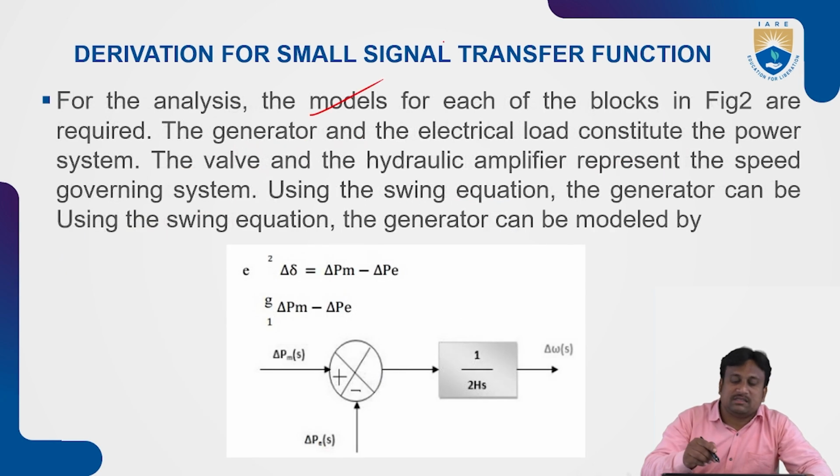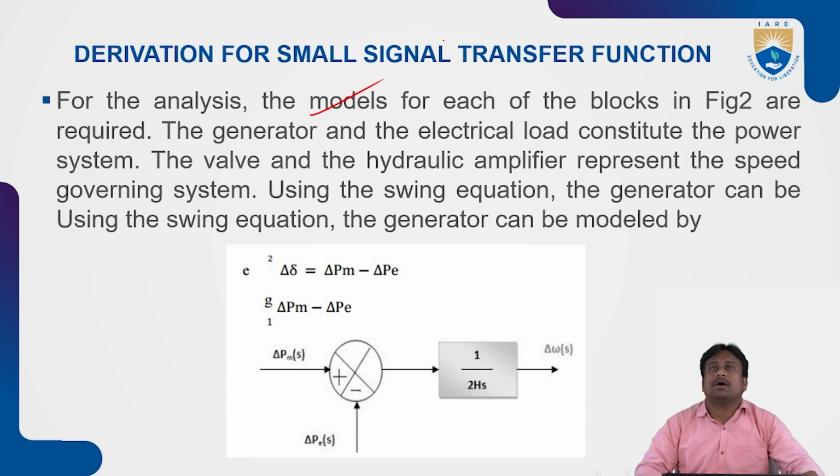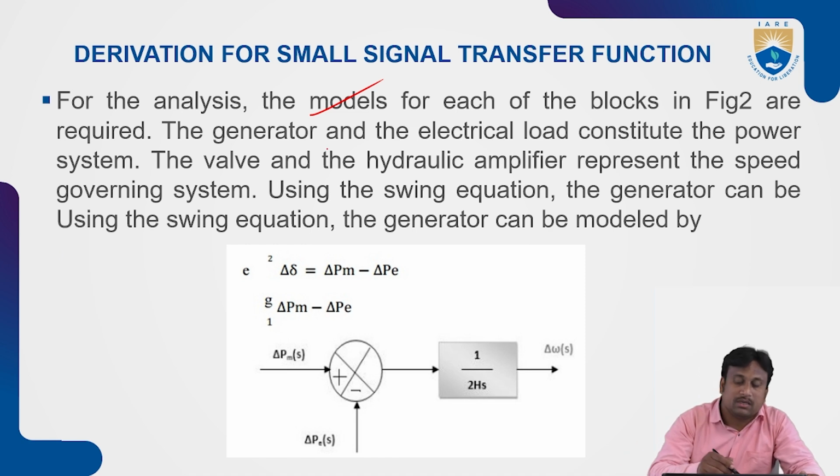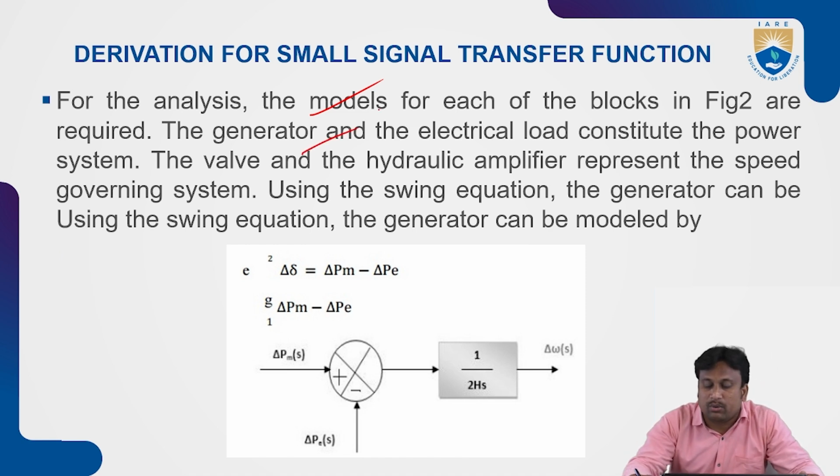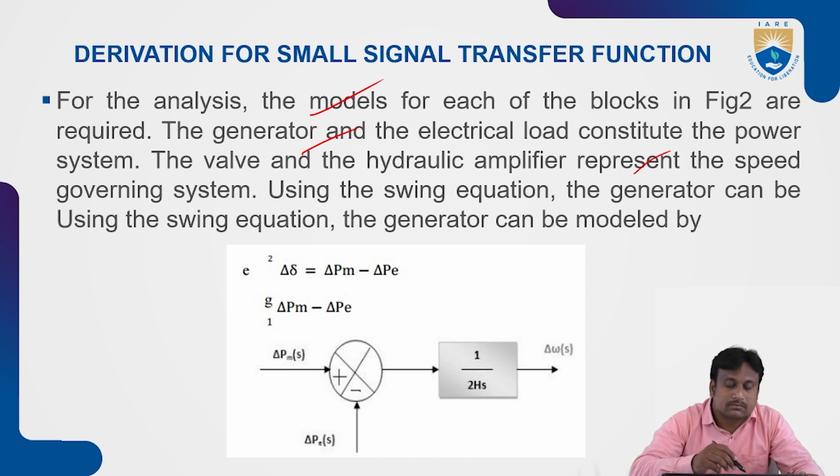For the analysis, the models for each of the blocks we represented here are going to be required. The generator and the electrical load constitute the power system, and the valve and the hydraulic amplifier represent the speed governing mechanism.